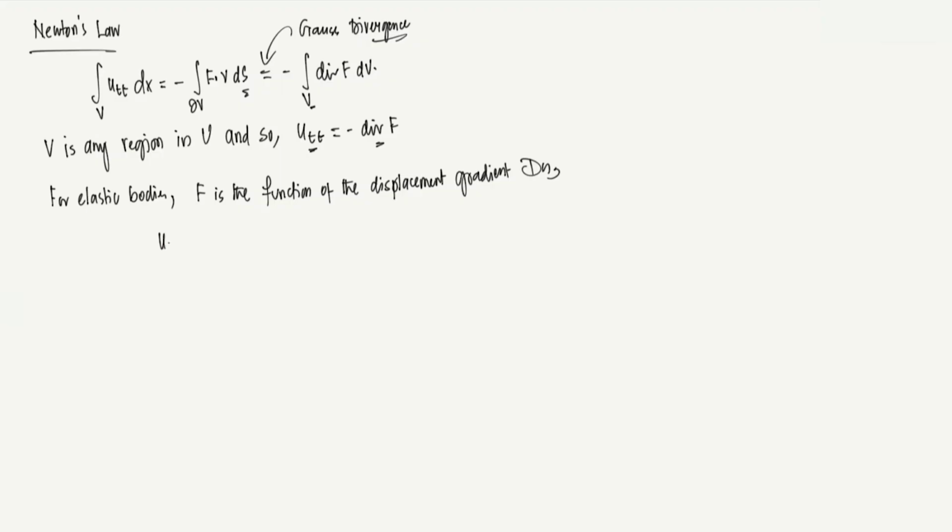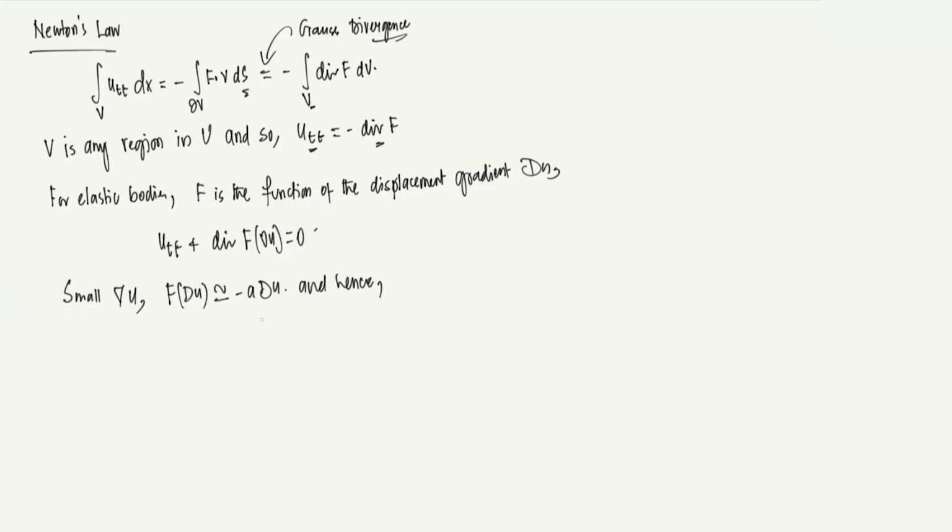So essentially u_tt plus divergence of f(grad u) equals 0. Clear? Now for small gradient u, that is, small change in displacement, if you linearize this, f of grad u works like minus a times grad u.